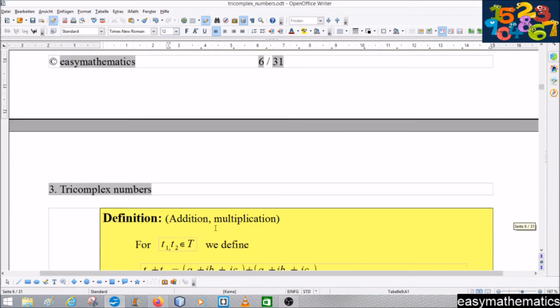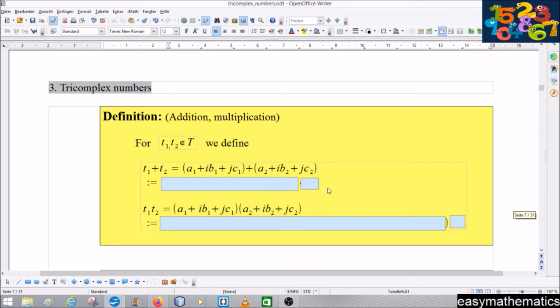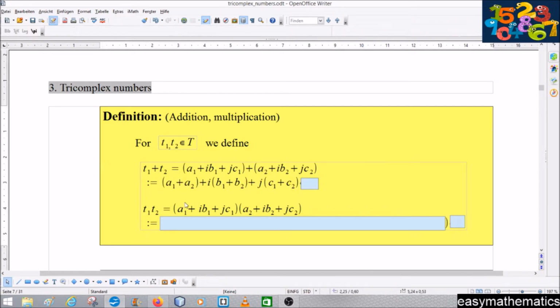And now we define addition and multiplication also very naively. If we have two tricomplex numbers t1 and t2, then of course addition is defined via the addition of each component.